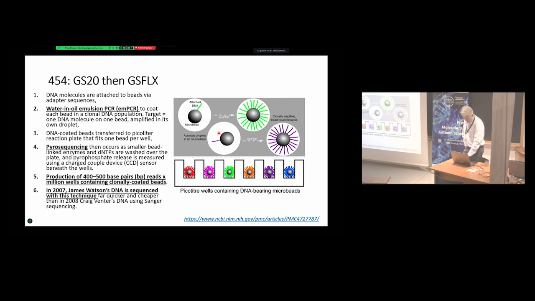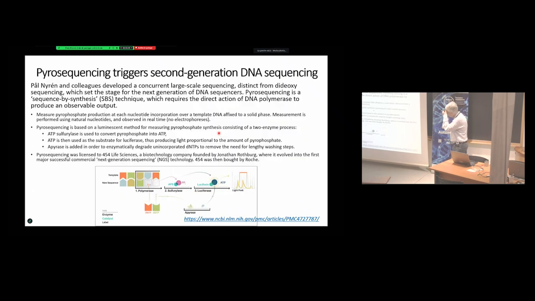So the system was interesting. It was not so good when it was meeting some repetitive sequence, so multiple stretches of A, C, G, T. That was not very efficient, but otherwise it has been very useful for several years.